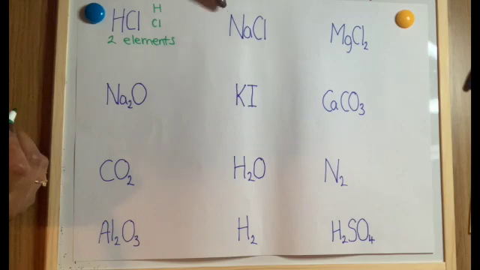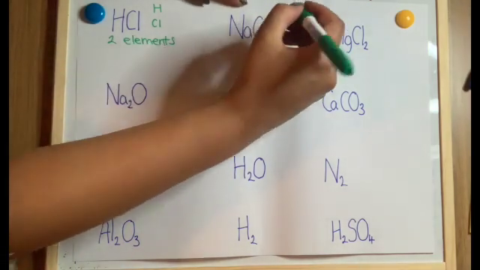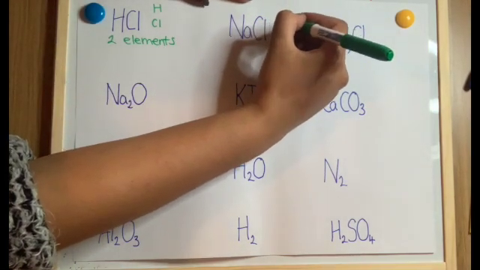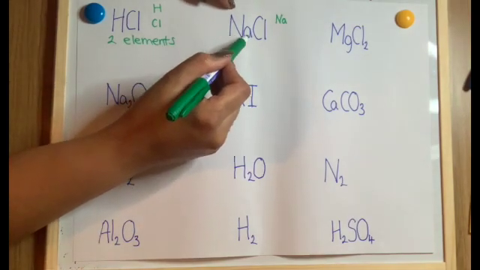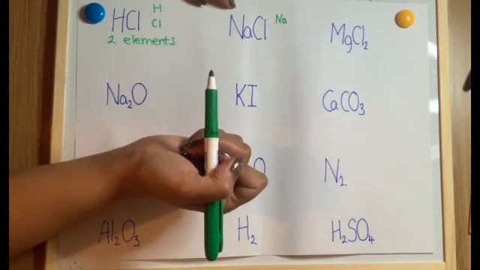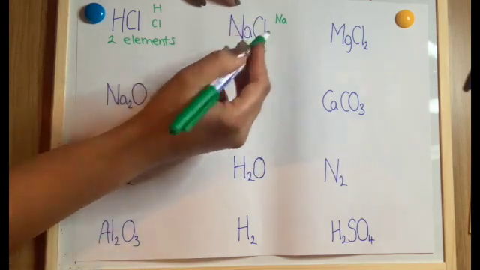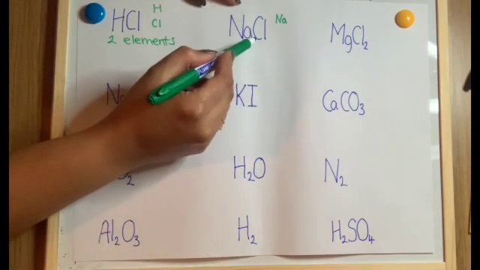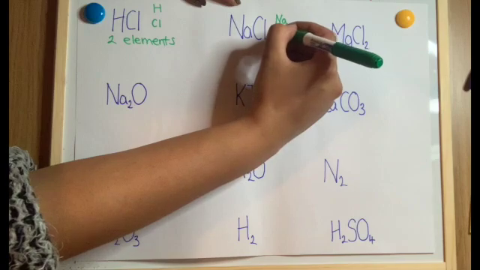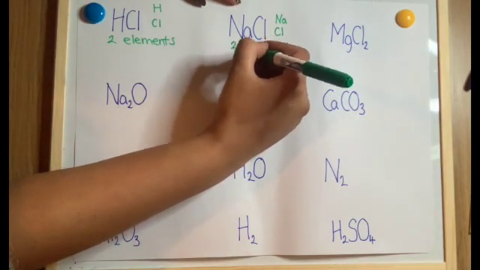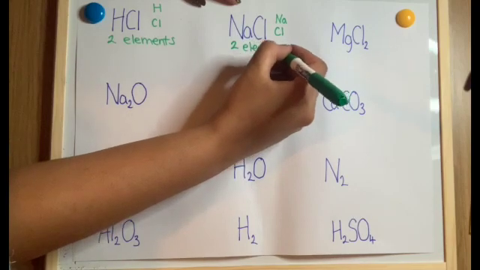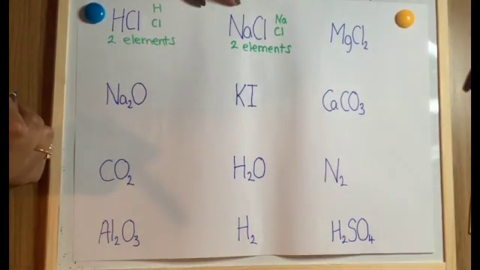Then for my second one here, I've got an N and a lowercase a. So remember, if there's a lowercase letter after the capital, it goes with it. So that's Na, which is sodium. And then again, I've got a lowercase l with my capital C, so they go together, Cl. So again, I have two elements in this second molecule.